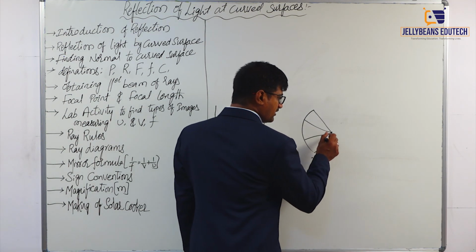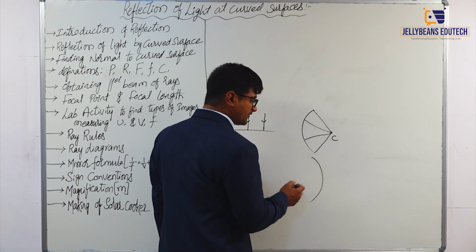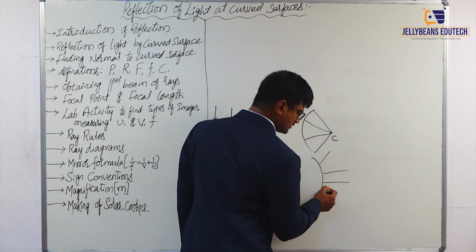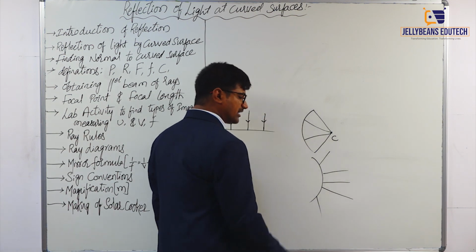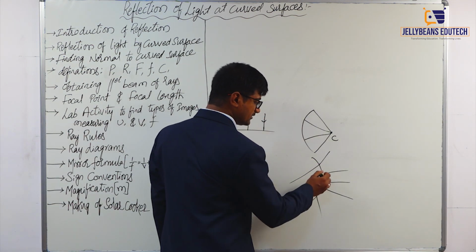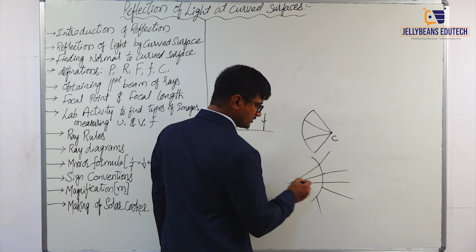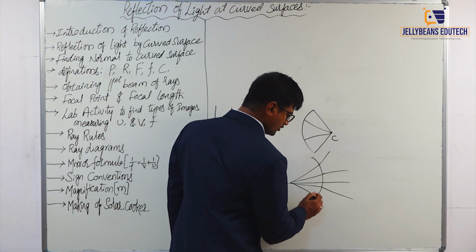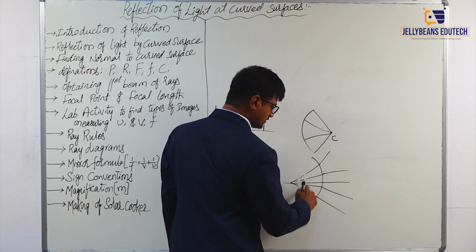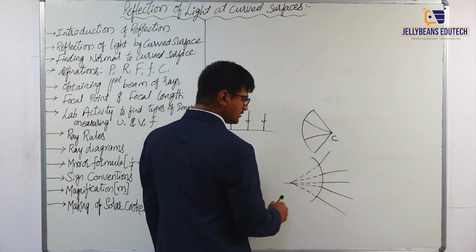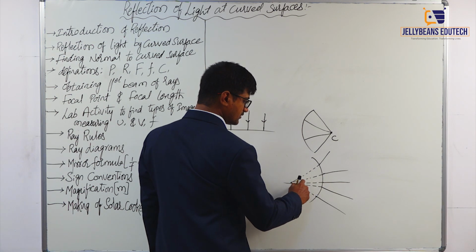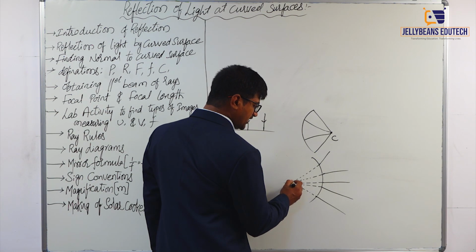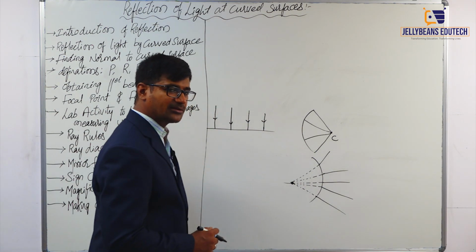Now if we consider this surface, it will look like this. That means if we extend the light rays, or extend the lines, they appear to converge at a particular point.